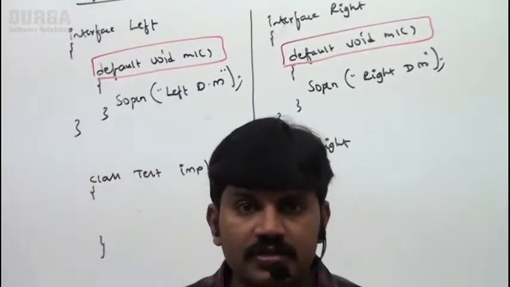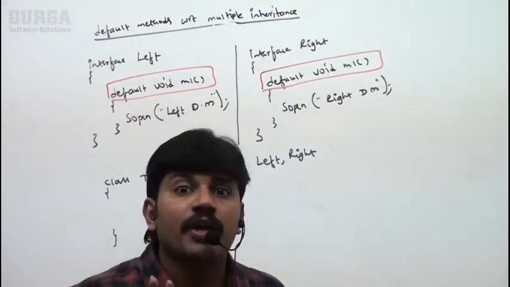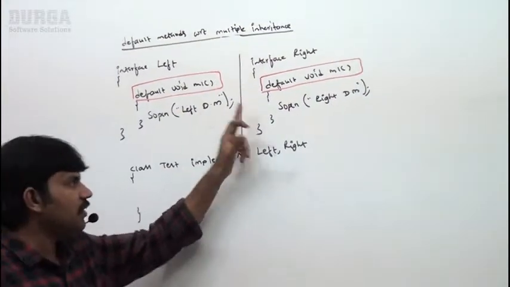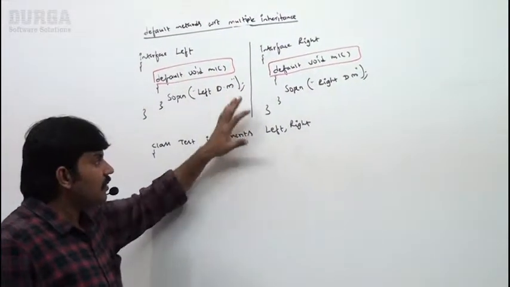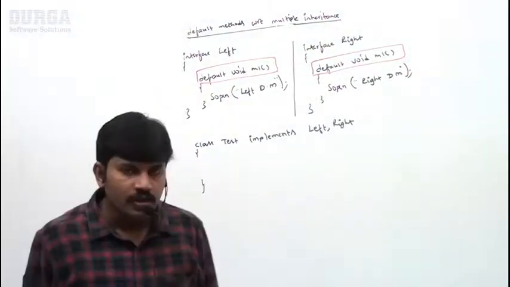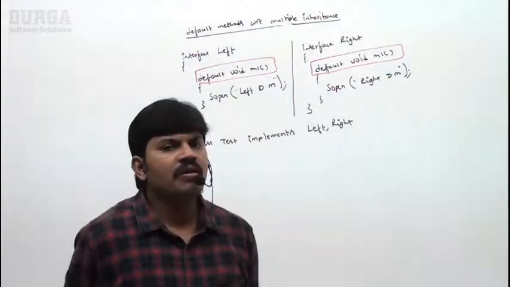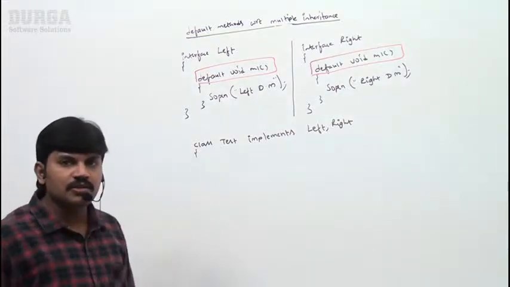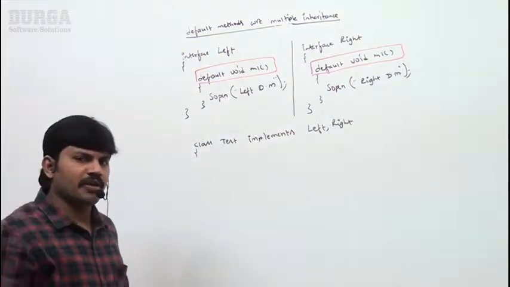So in the case of default methods, there may be a chance of ambiguity problems, sir. If two interfaces contain the same default method, then in the implementation class there may be a chance of an ambiguity problem. How can we solve this problem? Very simple, sir. In the child class, the implementation class, override this method based on your requirement.